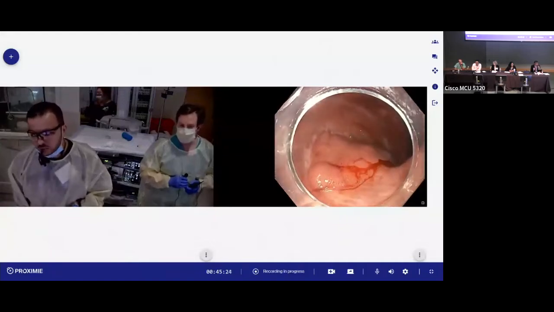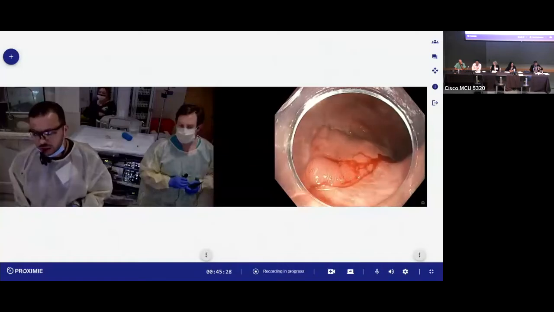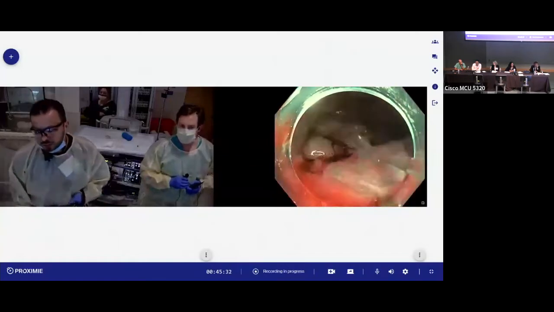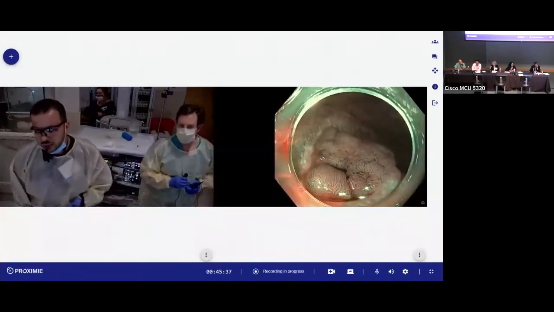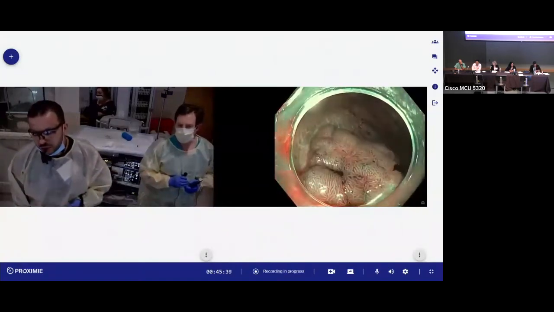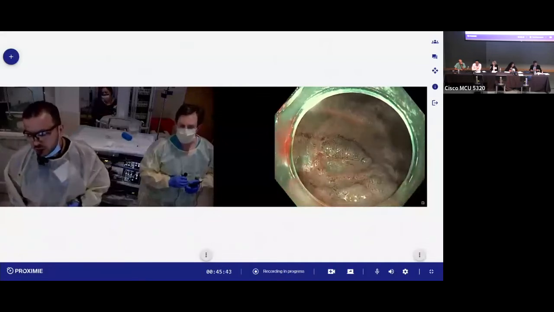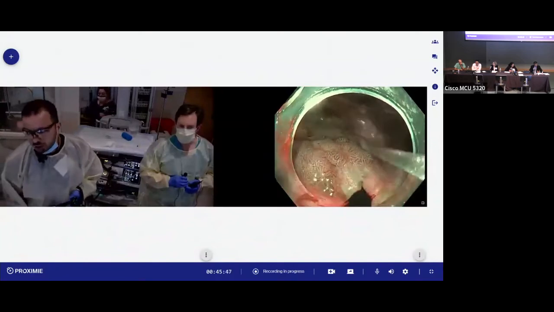Size-wise, it's about 2, maybe 2.5 centimeter. And if we look at the pattern, we can clearly see this nice 2 pattern throughout, indicating an adenomatous tissue with no amorphous pattern to suggest deep submucosal invasion.